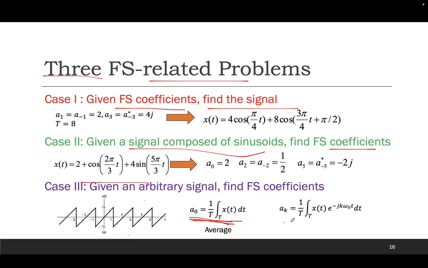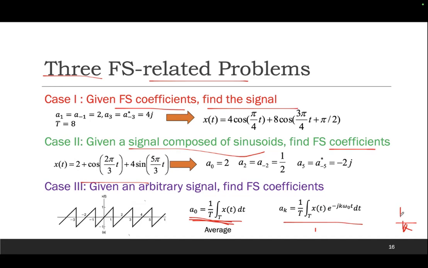Usually you cannot use this equation directly to calculate, because usually the term will be under, for example, b over a, and a should not be 0. So you could use this equation to calculate it. But usually we don't use this method. We just use the properties and the two often used FS pairs.